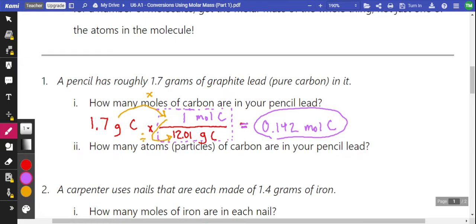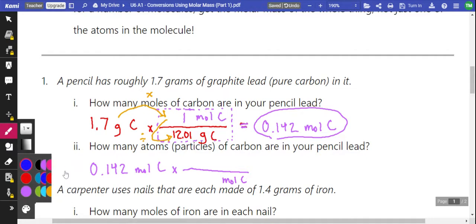To figure out exactly how much, we use a conversion factor and we convert the units. So let's do it. 0.142 moles of carbon. I've got to get rid of my moles unit, so I'm going to multiply by a fraction bar, where my moles unit is going to be on the bottom.